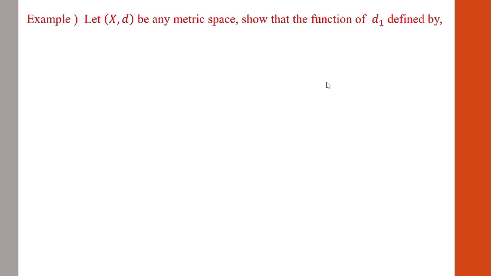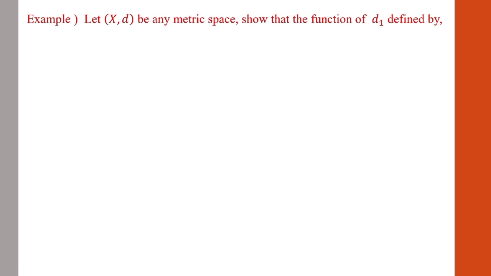Let (X, d) be any metric space. So we are given that (X, d) is a metric space, which means we are given that d satisfies all four properties, that is non-negativity, coincidence, symmetry and triangle inequality.